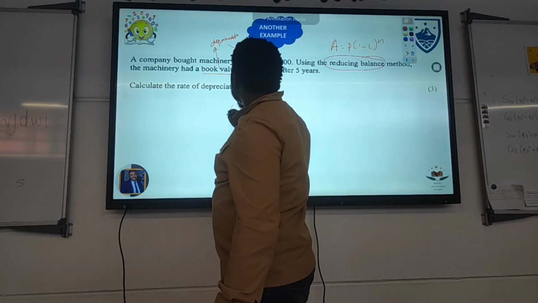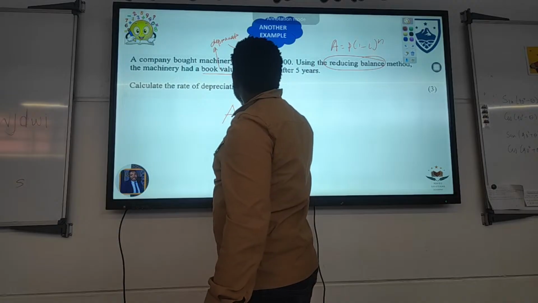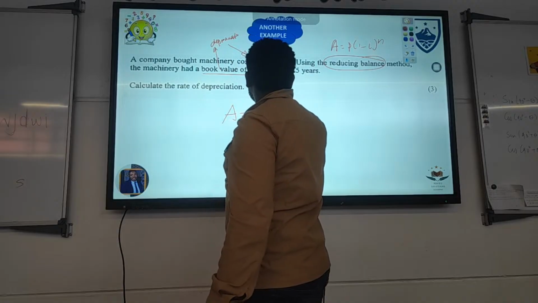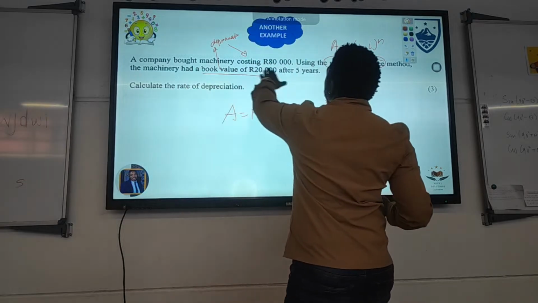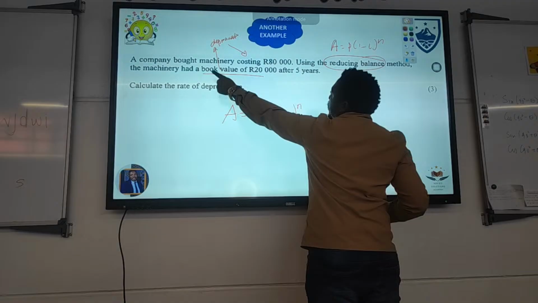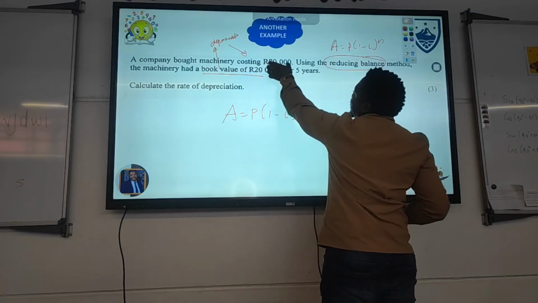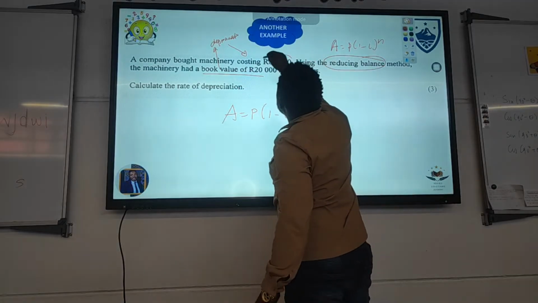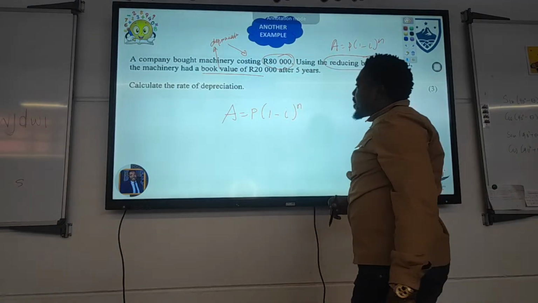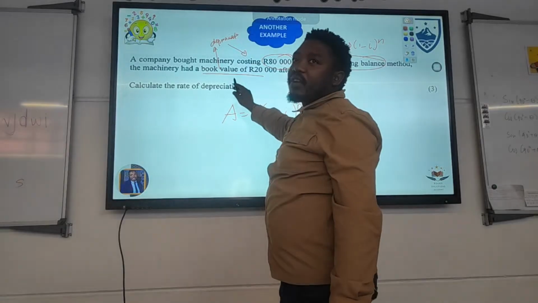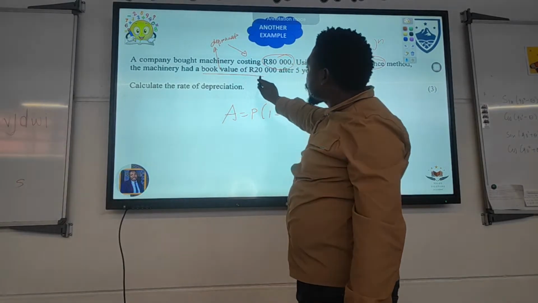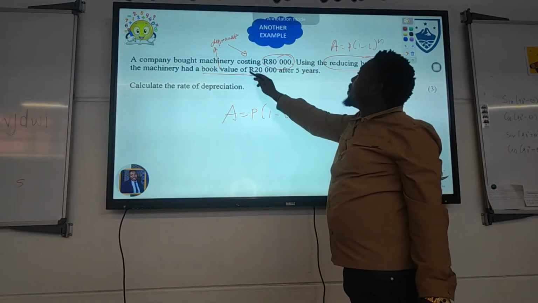The formula says we have A equals P(1 minus i) to the power of n. So out of these two amounts, a company bought a machinery costing 80,000. This is the principal amount. That's what they started with, which was 80,000, and then they ended up with the value of that machinery being 20,000.